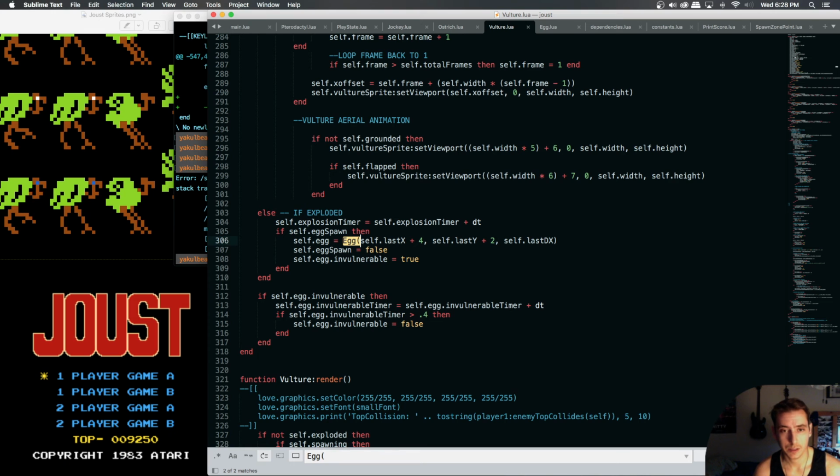The only time I see us spawning an egg is if egg spawn is true. So when do we egg spawn?